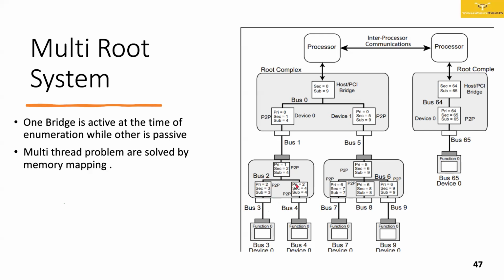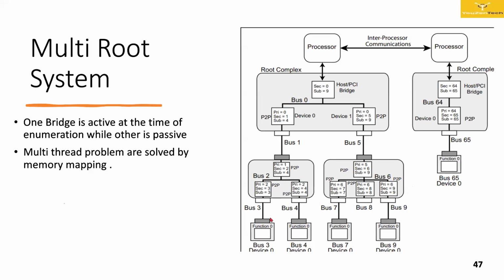But when you are coming here, primary 2, bus number 3 is already used, so it will assign bus number 4. So whatever bus number is used, it takes the next bus number, right? If you see here, bus 6 is assigning secondary as 9 because up to 8 is already used.